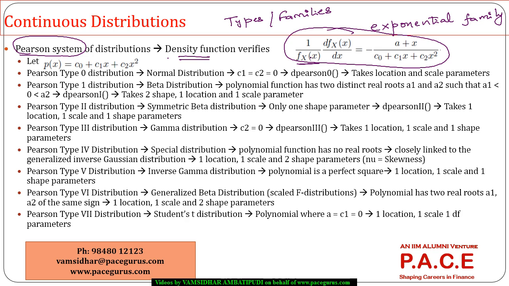So whatever solutions we get to this particular differential equation are typically called the Pearson system of distributions.